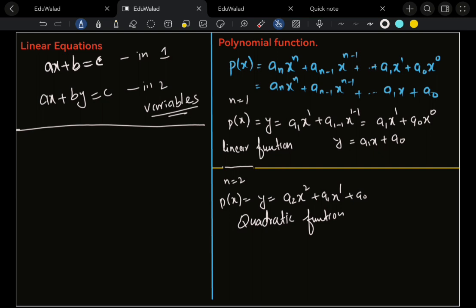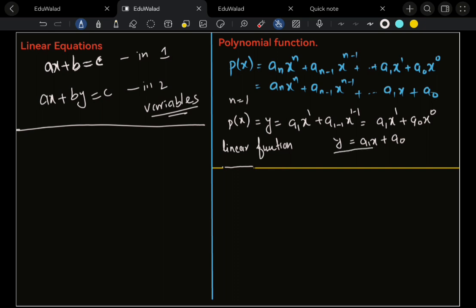So we will just learn linear functions and linear equations. Coming to the main topic, the linear function: y equals ax plus b is the same as ax plus b equals c.